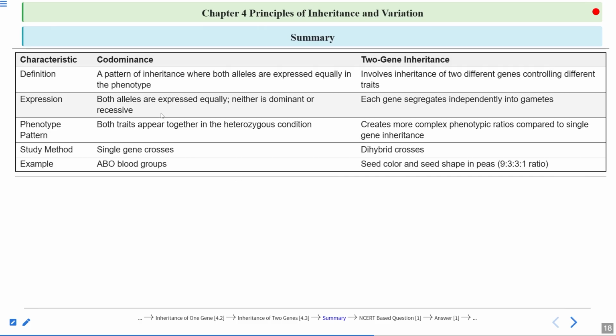Now what did Mendel do after this? Mendel crossed these two. He crossed this 3:1 ratio with 3:1, and he got the 9:3:3:1 ratio.